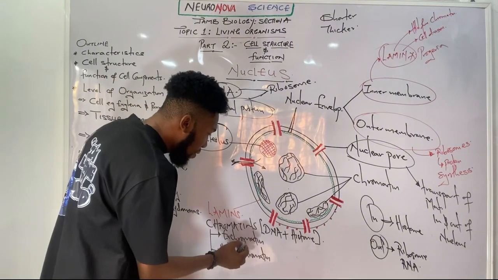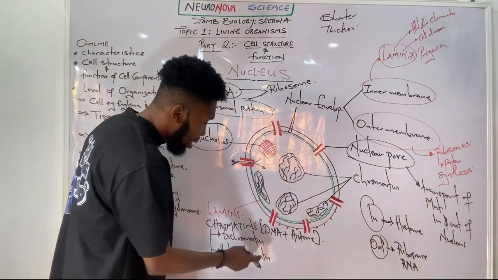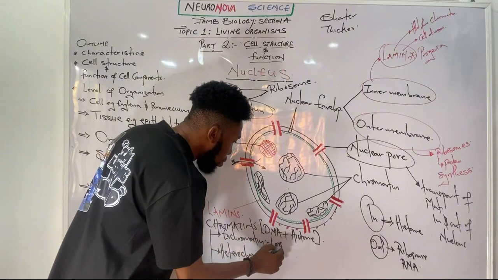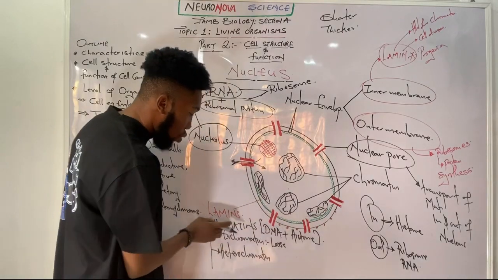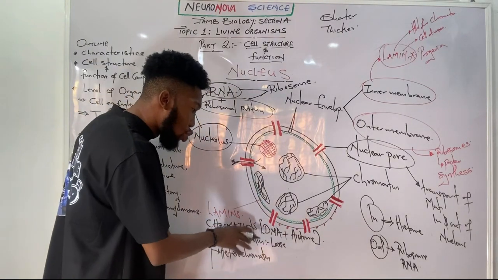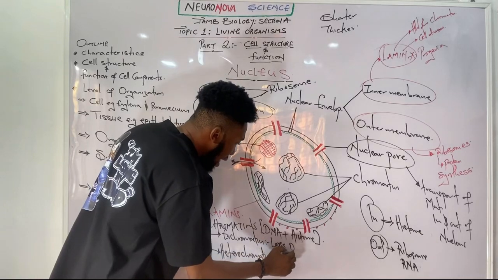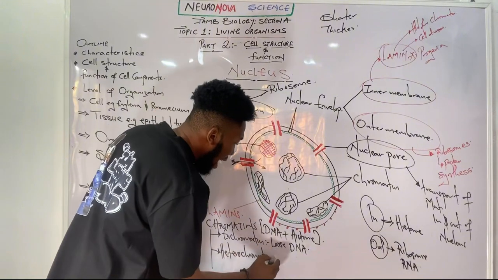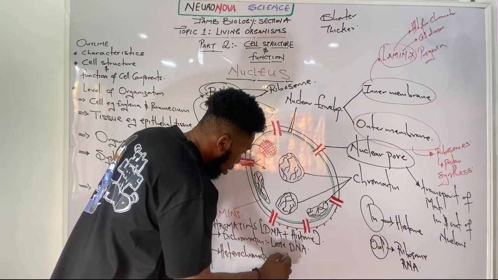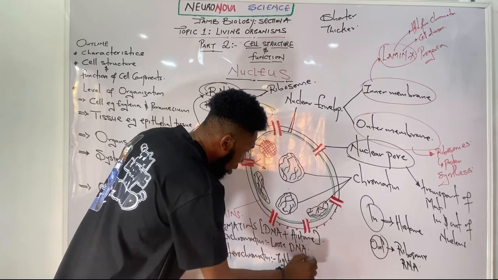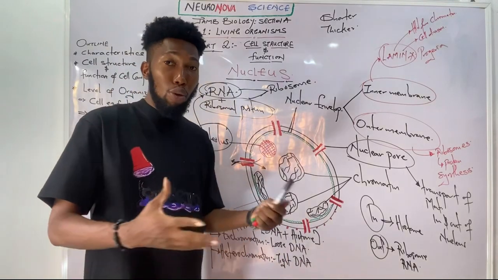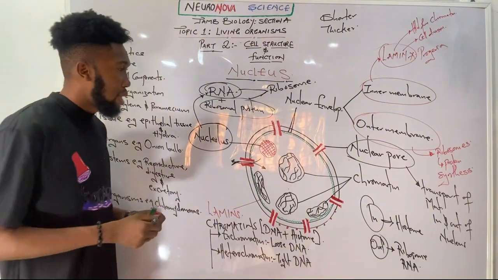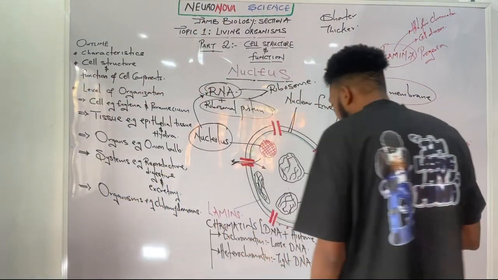Now, the major difference between the euchromatin and the heterochromatin, aside from what we said earlier, is that they both have DNA plus histone, but the euchromatin have loose DNA, while heterochromatin has tight DNA. So in the euchromatin, the DNA strands are loose. In the heterochromatin, the DNA strands are tight. You understand that now? So that's basically it.